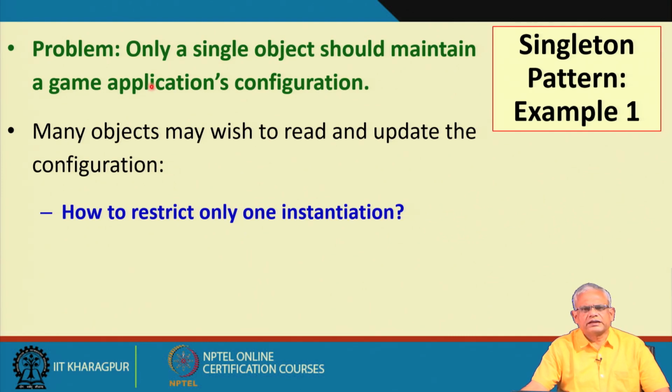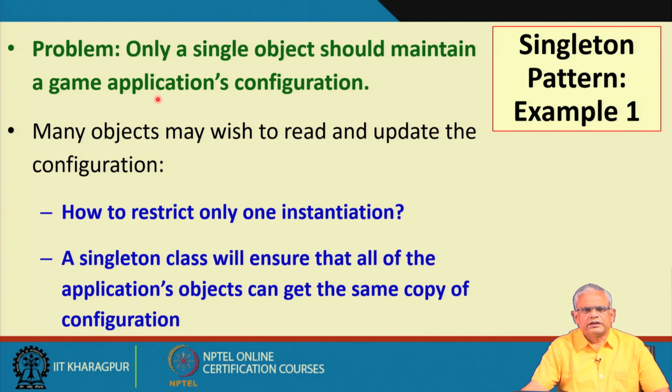There are many classes in the game application which will access the configuration. They should have a global point of access and there must be a single object created. Here we will use a singleton pattern, and we will see the details of how we will create exactly one object of the configuration.